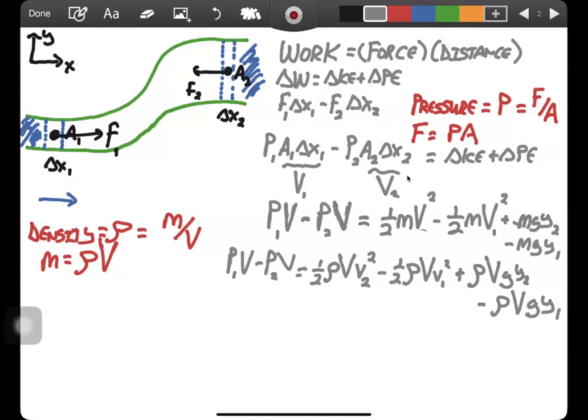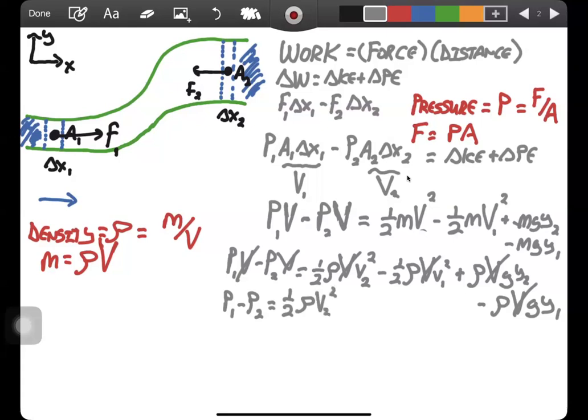But here's the thing. The reason that I wrote it this way is because if you can see, every single term now has the volume of the fluid that we're tracking, every single one. So if I divide by V, every term, it goes away. See this? So now our relationship is P1 minus P2. And again, all I did is I divided every single term by the volume of the fluid we're tracking, equals 1/2 rho V2 squared.